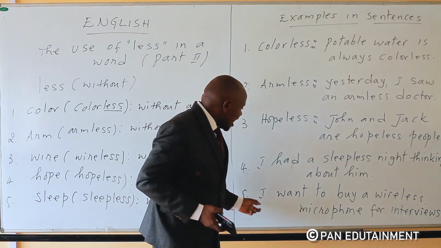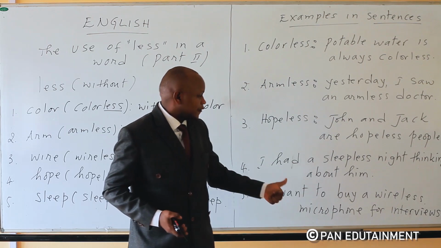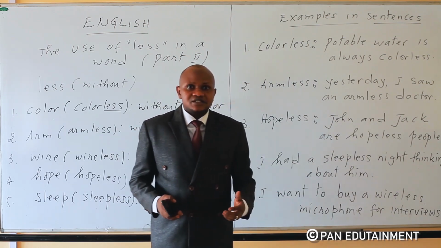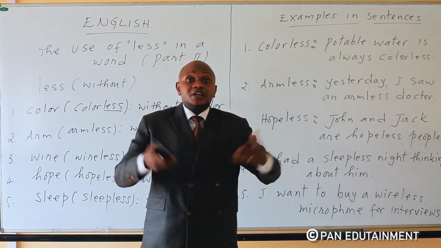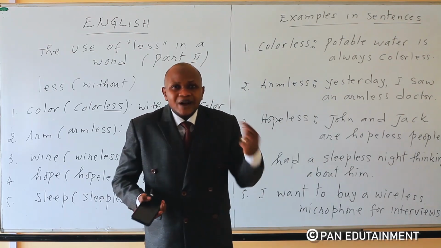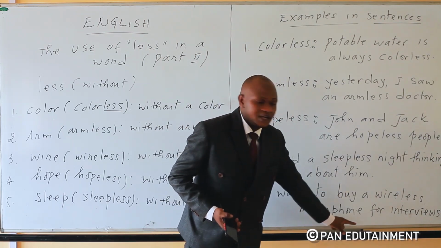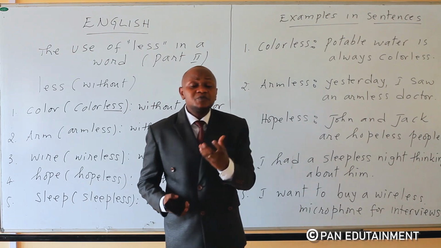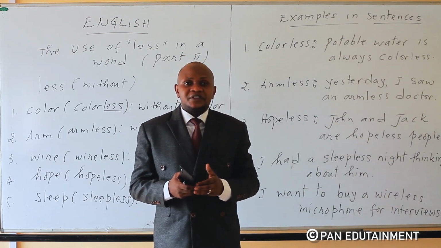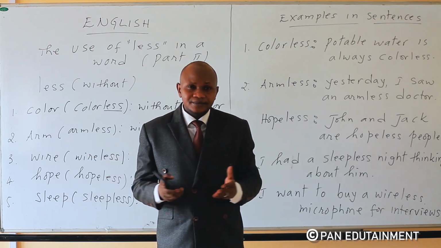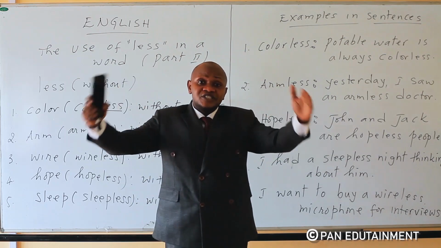Good. Number 5 is I want to buy a wireless microphone for interviews. This means that I have a project. For example, I am a journalist. Munyamakuru, I want to buy a wireless microphone for interviews. This means that ndashaka kugura microphone nabyita insakaza amajwi ariko idafite imigozi, inziramugozi.